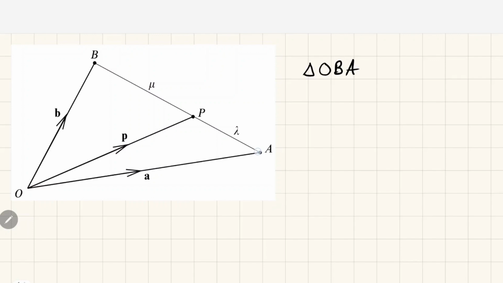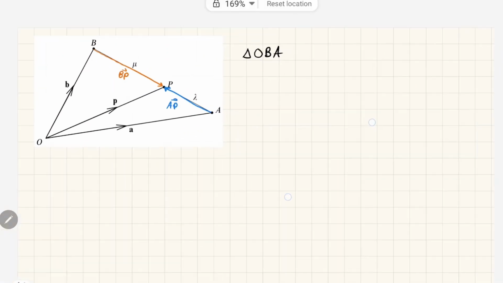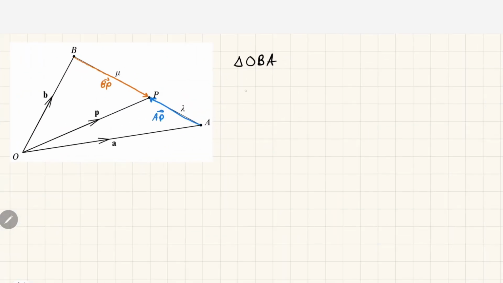The first one is going to be AP, which can be represented by a vector AP like this, and then another one, which is the segment BP with the vector BP. These two segments are in a proportional relation with the whole segment AB.